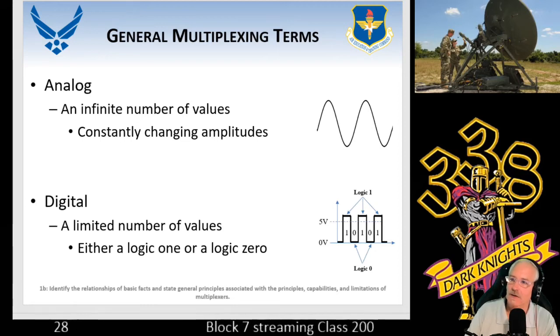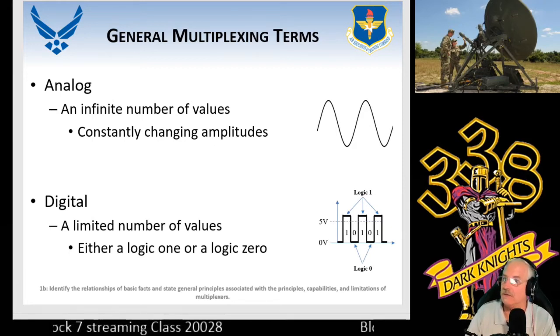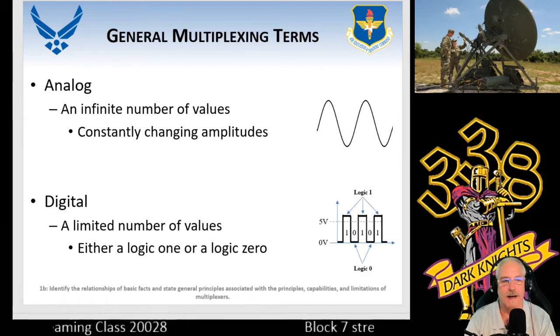So here are your terms. You have analog and digital. Everybody's pretty much aware of it. I like to start with analog just to give ourselves an idea how to define it. It says analog: an infinite number of values, constantly changing amplitude. Digital is normally the opposite, right? It's a limited number. So if you know one, the other is the opposite.